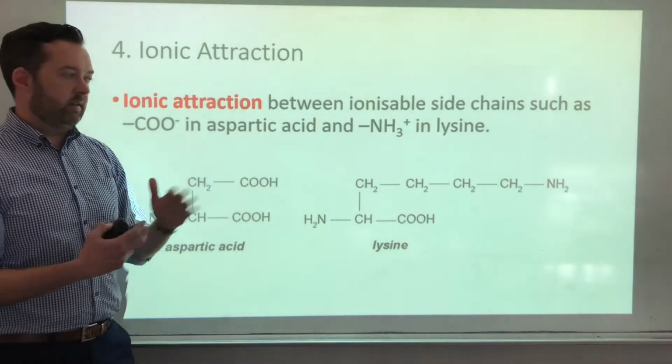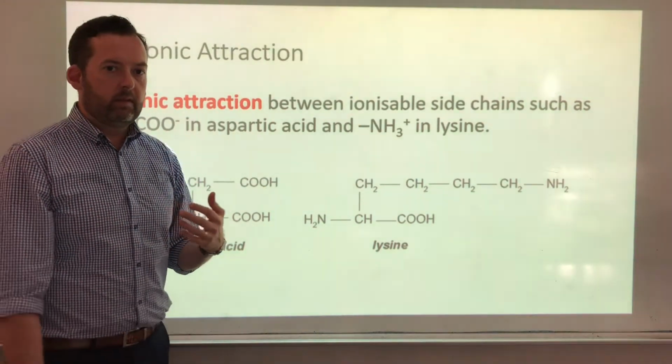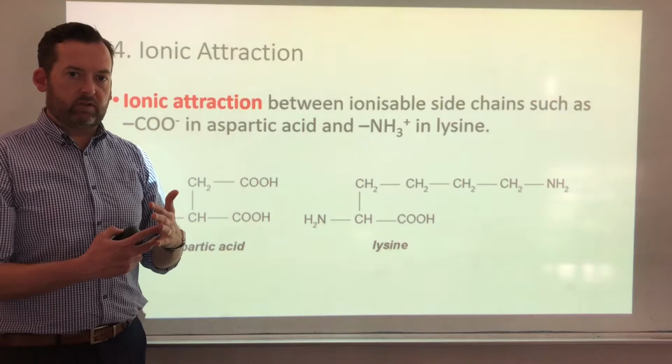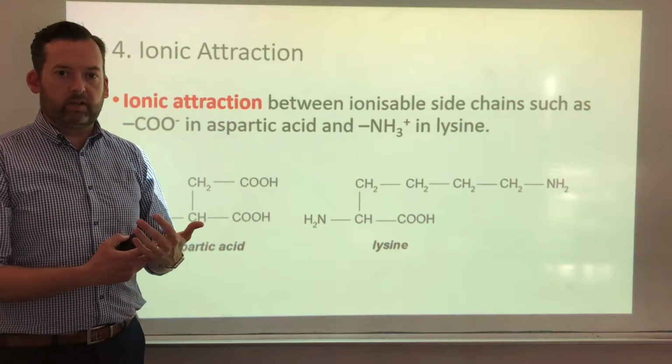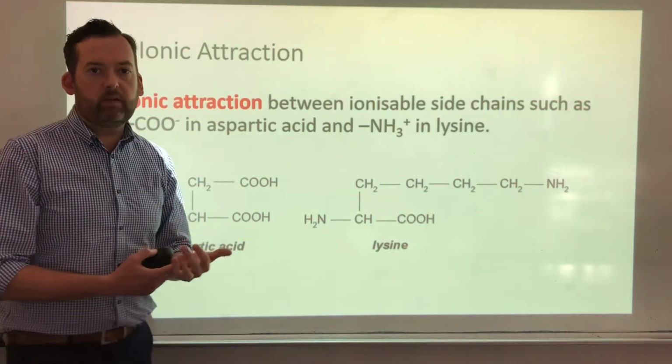And that's why these ones are really important when pH is being considered. So if you've got an amino acid with R group interactions holding it together in a certain structure, and you add acid to it, you might denature the enzyme. So enzymes don't work well in acidic environments. And you say, well, why is that?